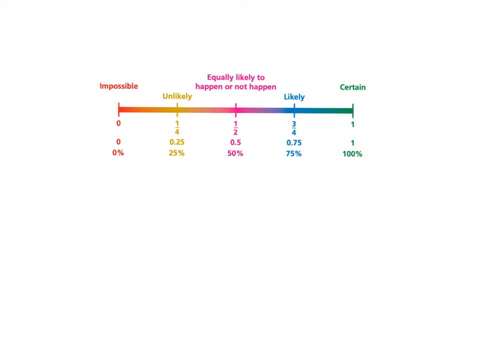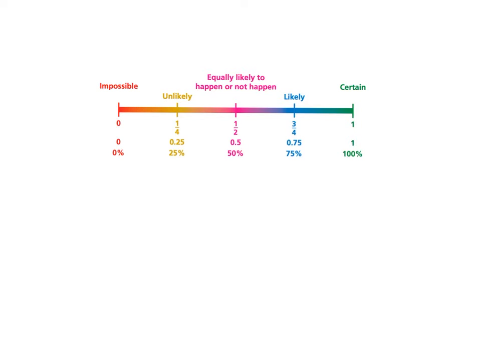All right, so that's why this diagram in front of you is really, really helpful. Some problems will ask you how likely is it? What is the likelihood of an event taking place? And so you'll need to reference this little line graph to help you understand how likely an outcome is.